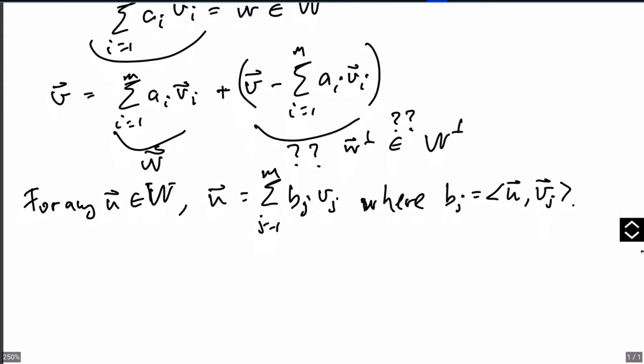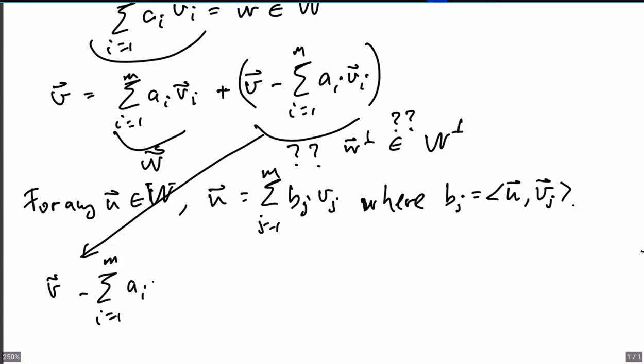And then we take the inner product of this vector, v minus the sum as i goes from 1 to m of a_i v_i, with u. So we write in the representation of the u vector.